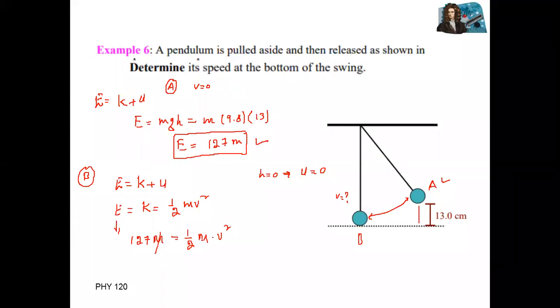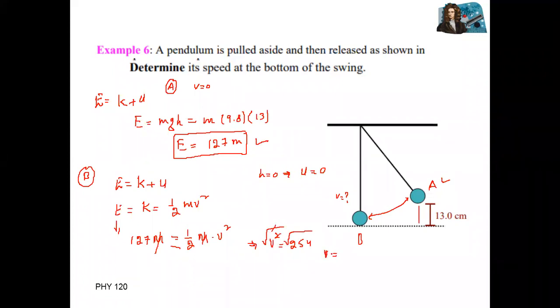So m cancel with m. 2 multiplied with 127. V square is equal to 127 multiplied with 2 equal to 254. So taking square root on both sides, you can find speed, velocity.